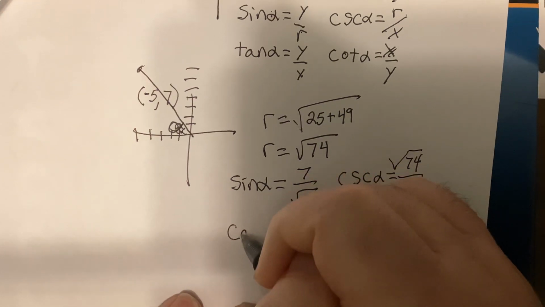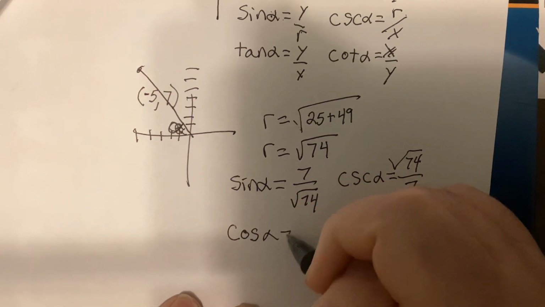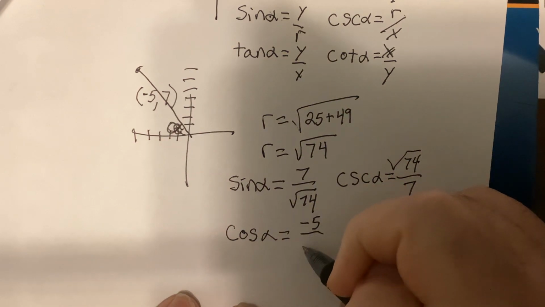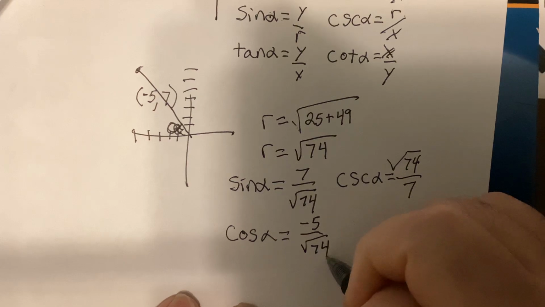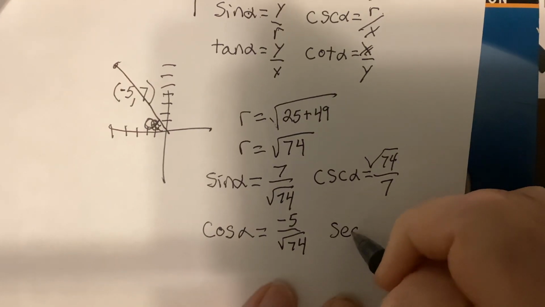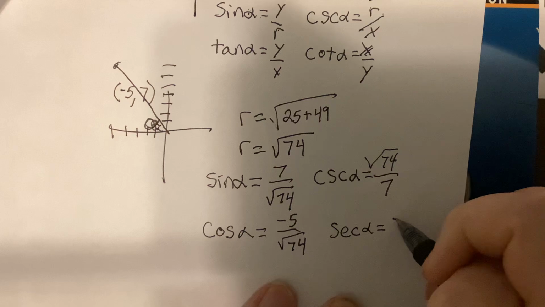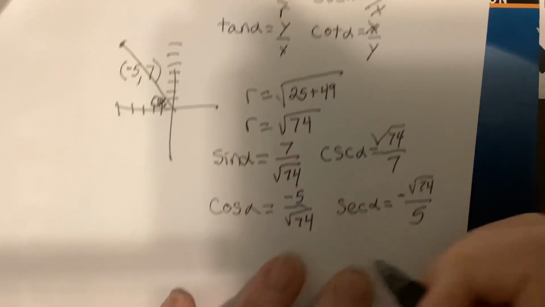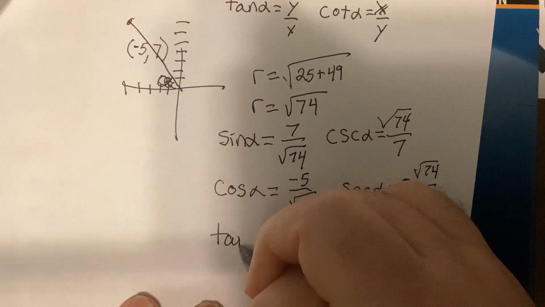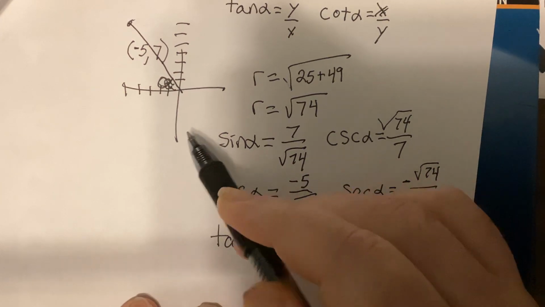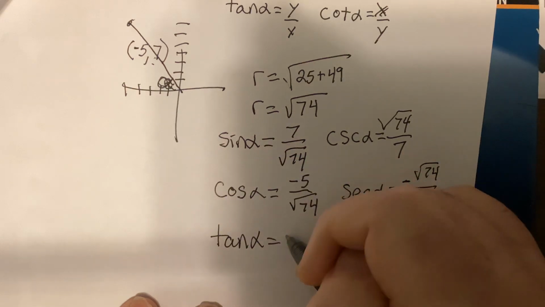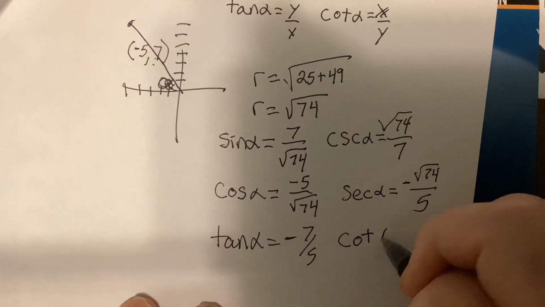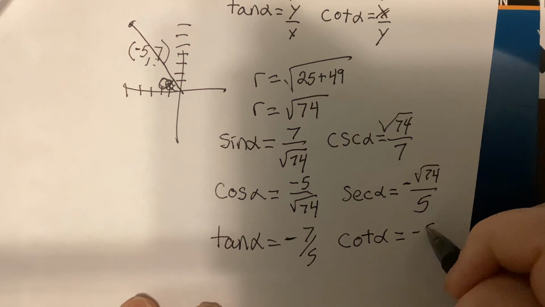So then we have cosine is x over r, so negative 5 over square root of 74. So secant would be negative square root of 74 over 5. Tangent is y over x, so it'd be 7 over negative 5. So that means cotangent would be negative 5 over 7.